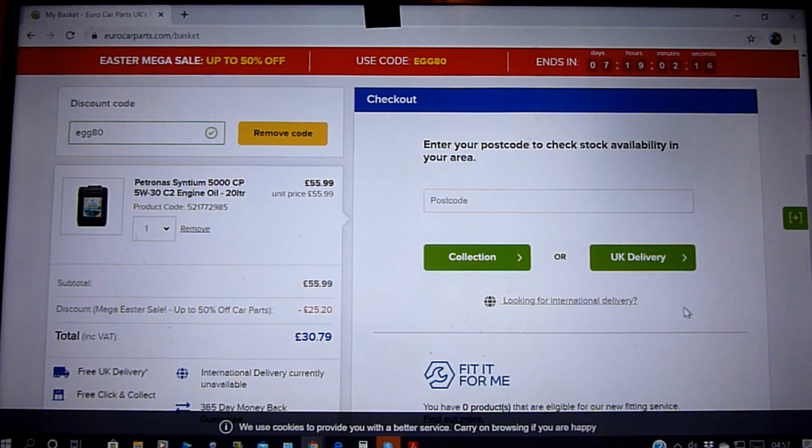Third choice, take it to some other garage, and you don't know what you're getting. You could be getting oil that's not great for your car, but I'm sure they'll be okay as well. I'm sure they'll bulk buy something like this, or even more, that's suitable for most cars, and just charge you over it.